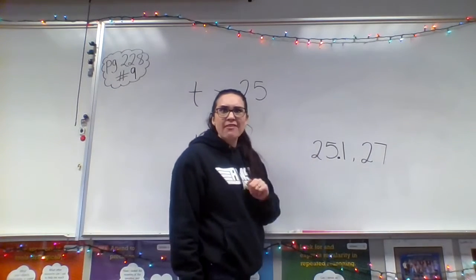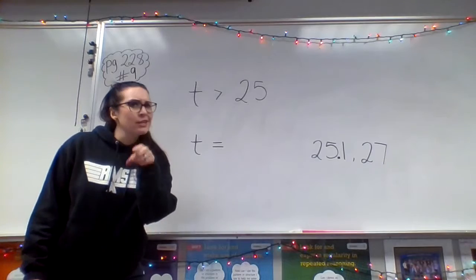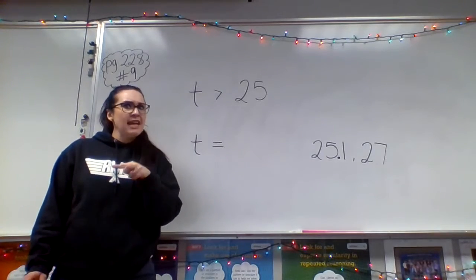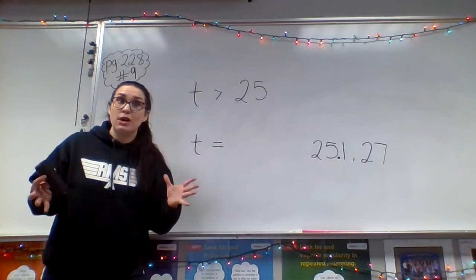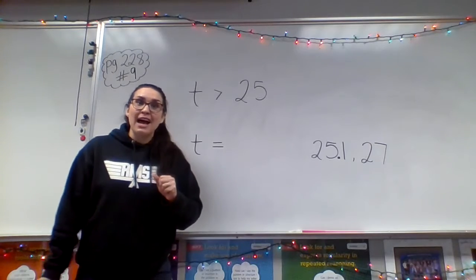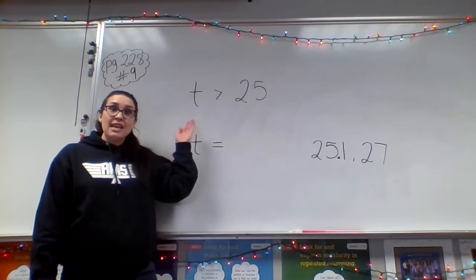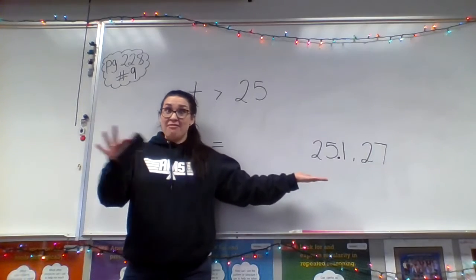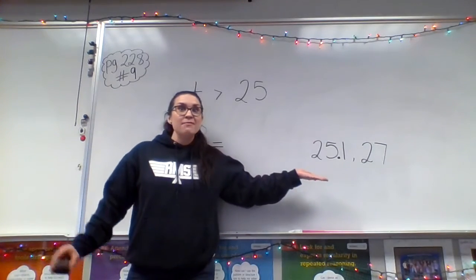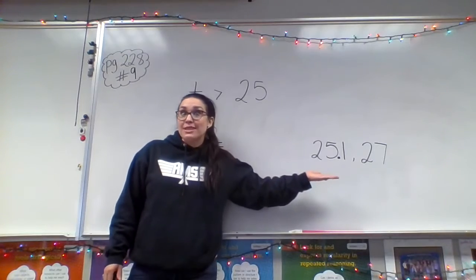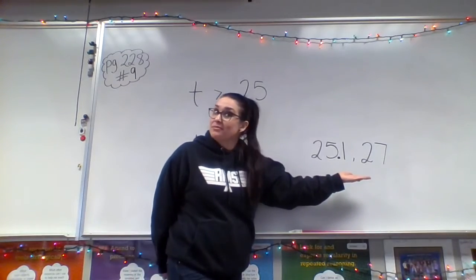Likewise, 27. I don't know about you, but I'm pretty sure that 27 is greater than 25. So for number 9, when it's asking about the possible solutions of t, we all know that out of that variety that it gave us, it's just 25 and 1/10 and 27.